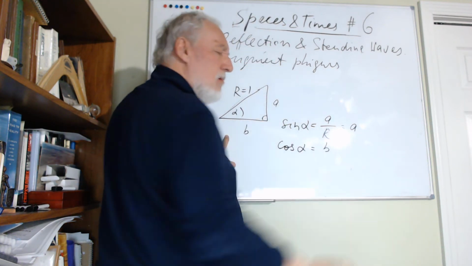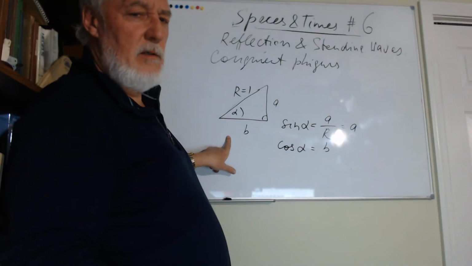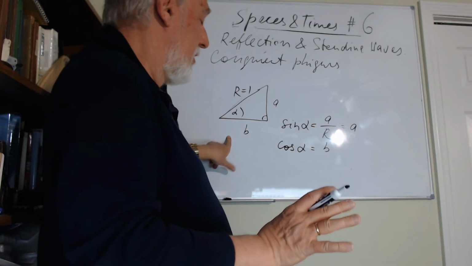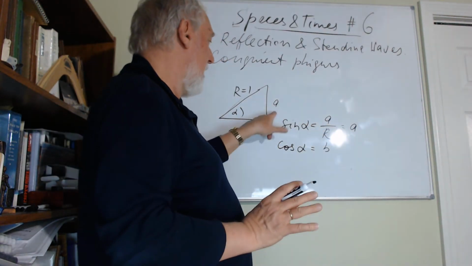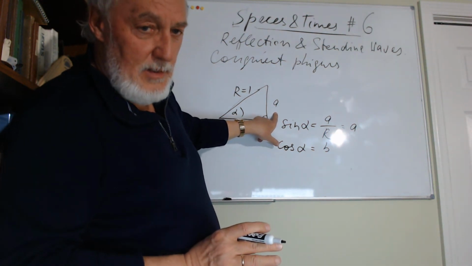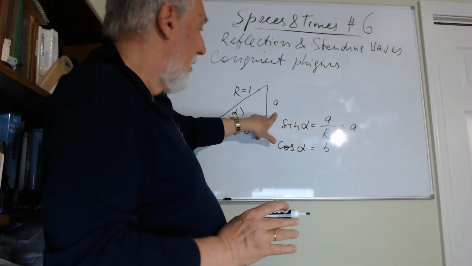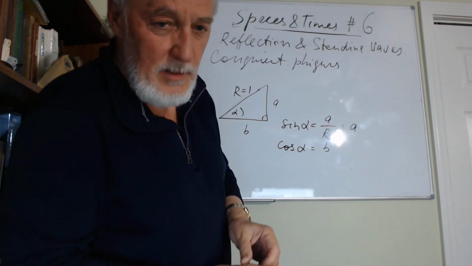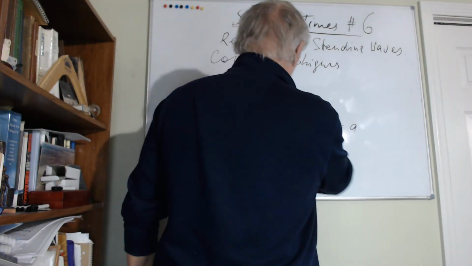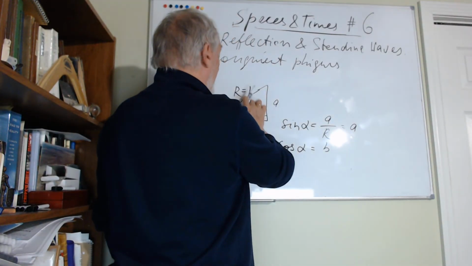Is A called the opposite side? It's the opposite leg. So sine is the opposite leg divided by the hypotenuse.